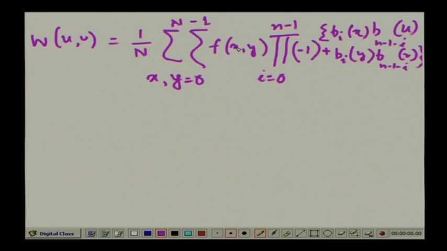So you find that the same algorithm which is used for computing the forward Walsh transformation can also be used for computing the inverse Walsh transformation.